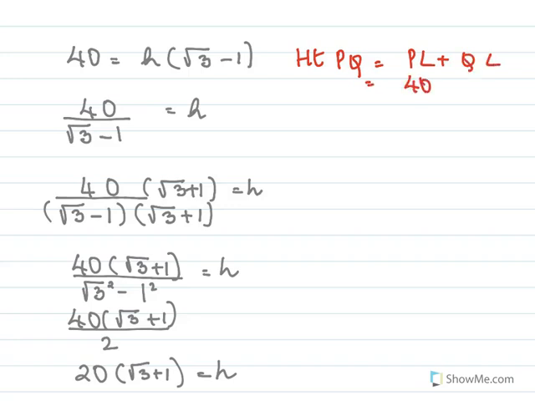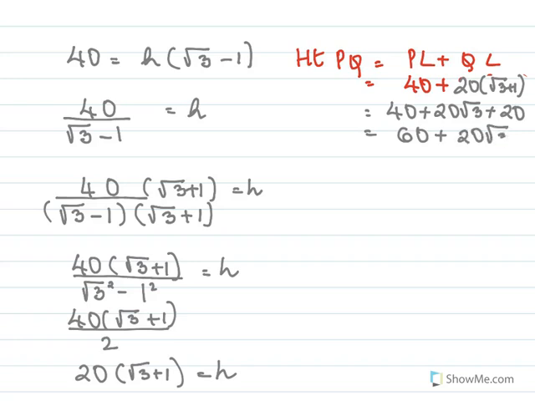Now PL is 40, QL is 20 root 3 plus 1, which we just found. So we open the bracket: 40 plus 20 root 3 plus 20. So 40 plus 20 is 60 plus 20 root 3. This is PQ, the height of the tower.